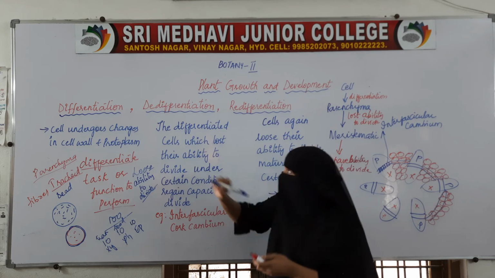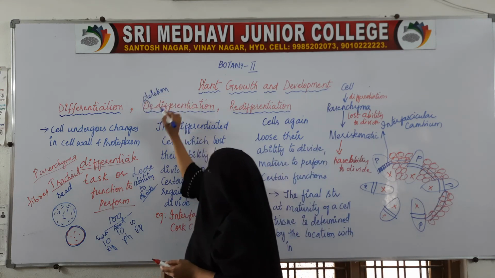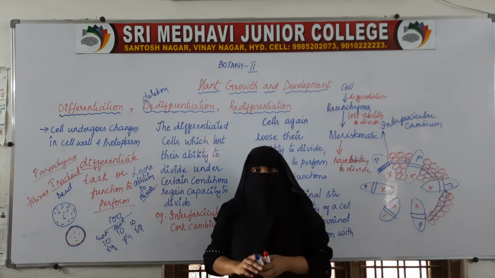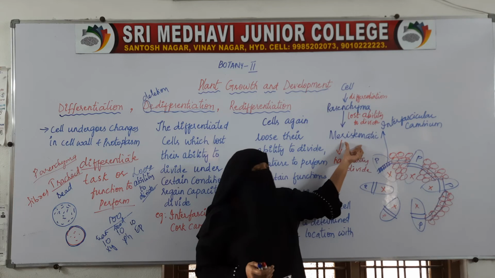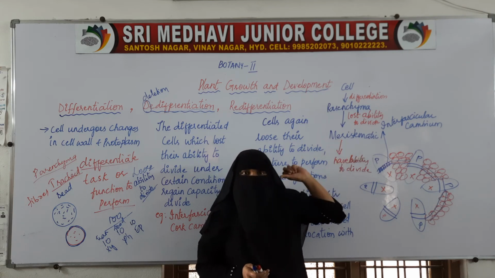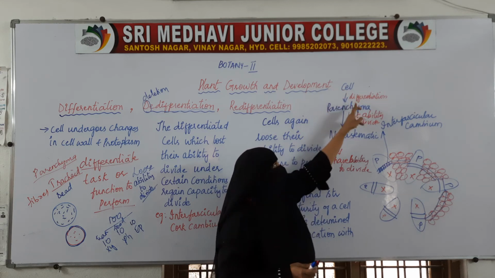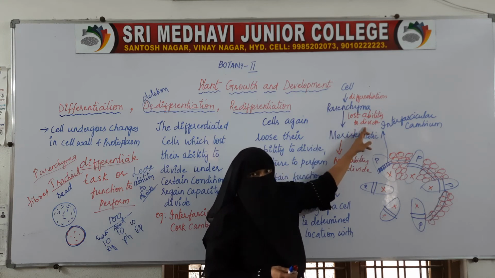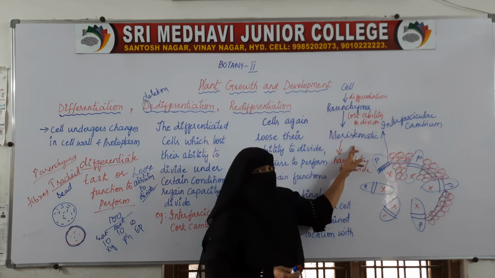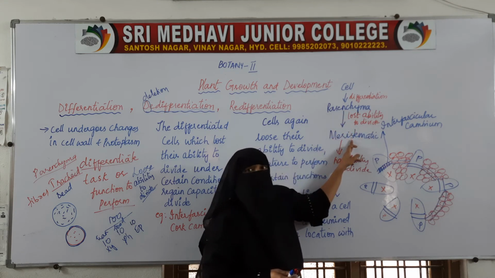De here means deletion of differentiation, that is removing that particular function and again changing into meristematic. These meristematic cells, when they grow, they differentiate into parenchyma, lost their ability to divide. But under certain conditions, these parenchymatous cells again change into meristematic.